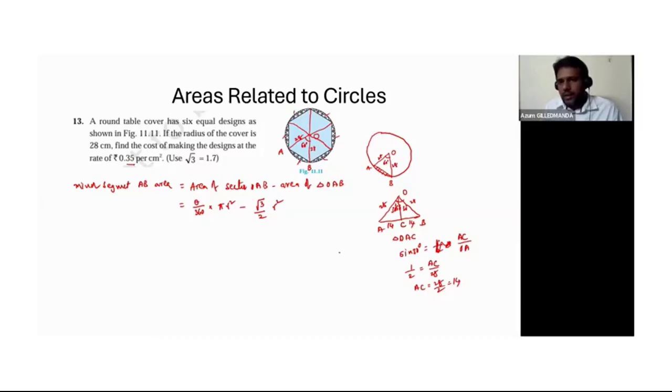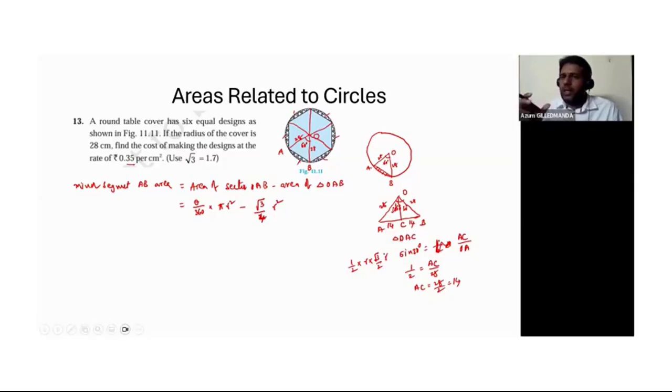I'll tell the area here. What is the area of the triangle? Half into base. What is the base here? R into height. What is height? Root 3 by 2 R. If you do this, it will become root 3 by 4 R square. Okay, root 3 by 4 R square. You understood?